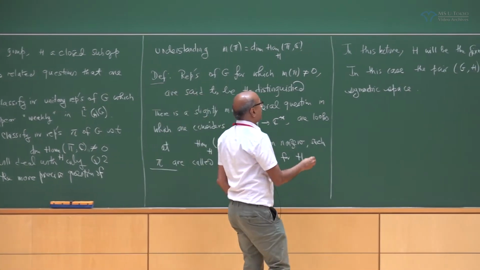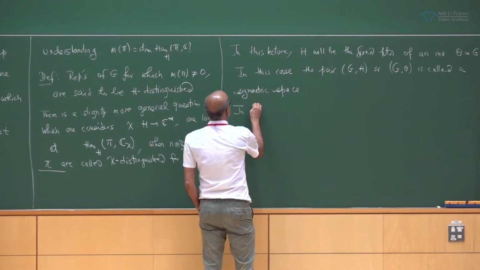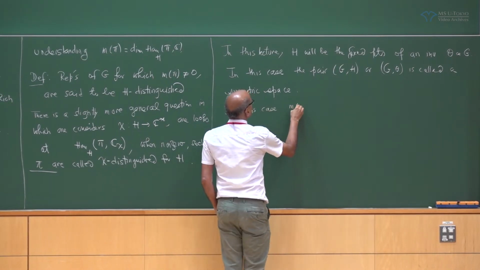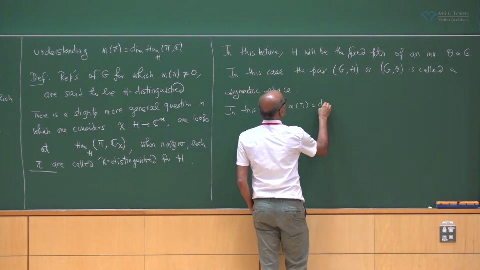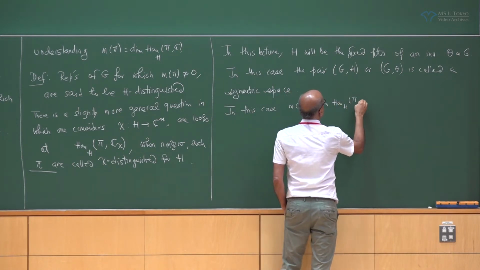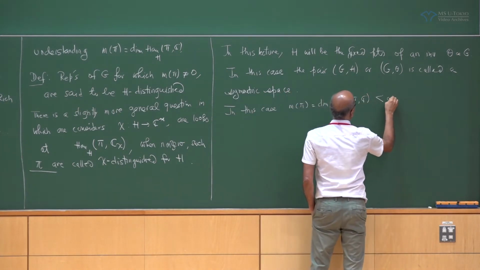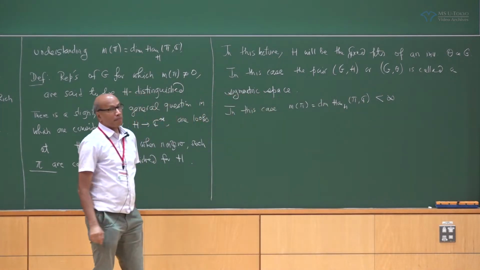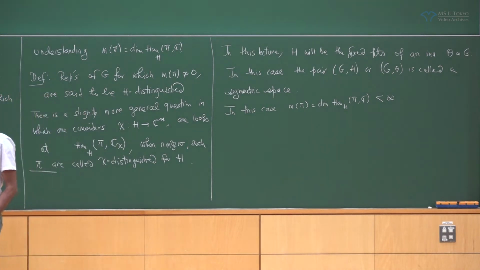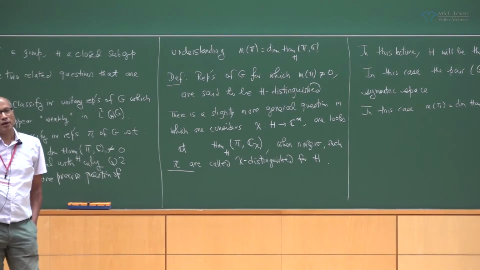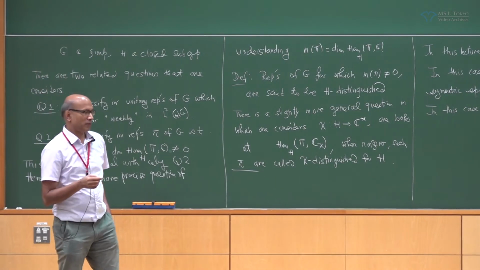So in this case, m pi, the dimension of this Hom space, is known to be finite dimensional, and in some sense the question is to understand this function m pi as pi varies over all irreducible admissible representations.